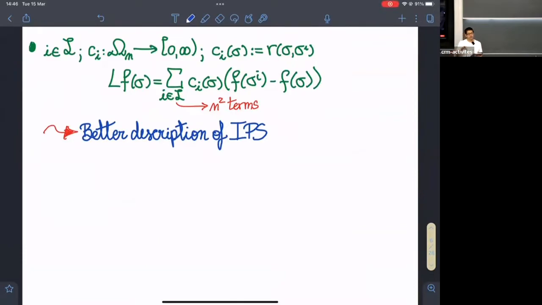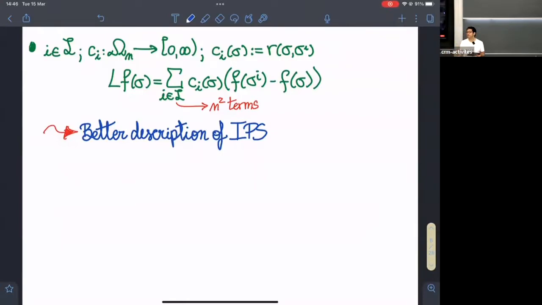So it really is the probability of making the transition from the current configuration of the particle system to one of the transformed configurations. In an interacting particle system, you have a set of allowed transformations, and you take one of these transformations at random with some probability that depends on the current configuration of the system, and you apply that.